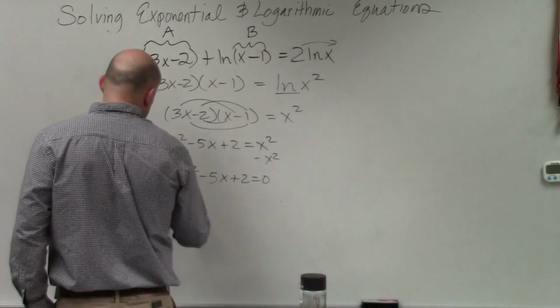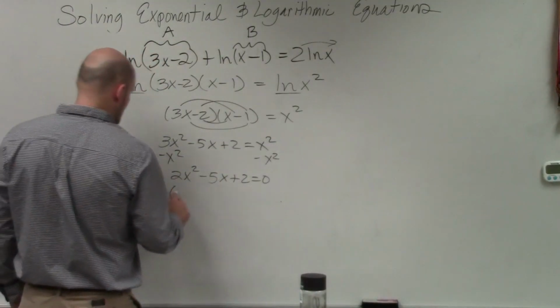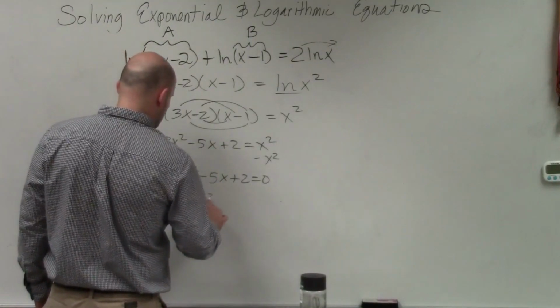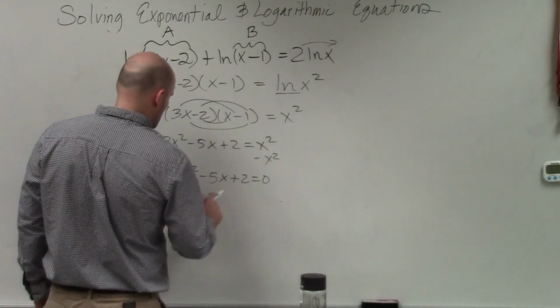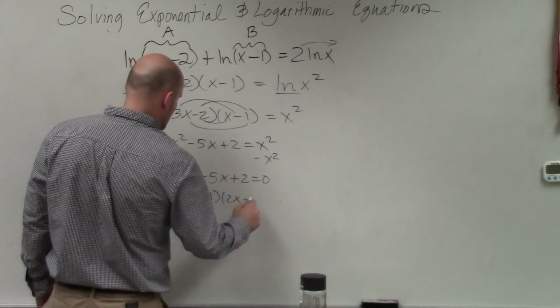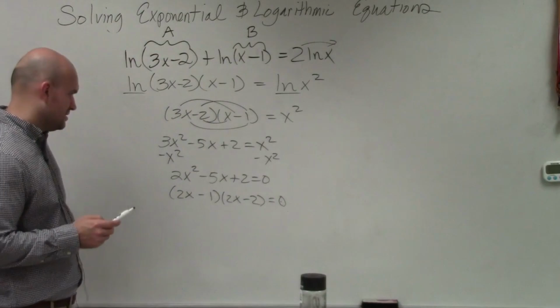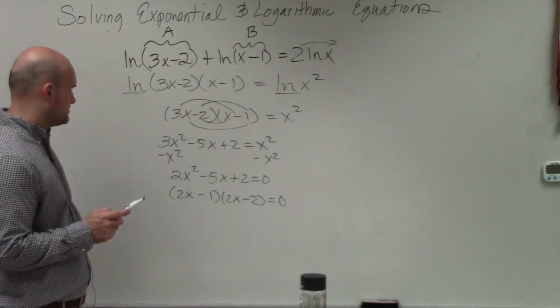We could have this as 2x minus 1, and x minus 2 equals 0. I think that worked. No, there's something wrong. Did I factor this wrong?